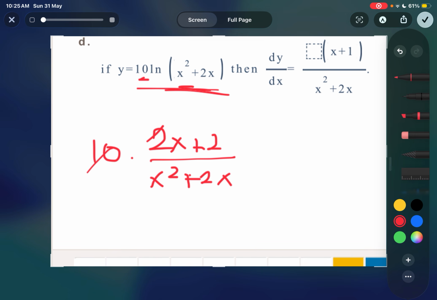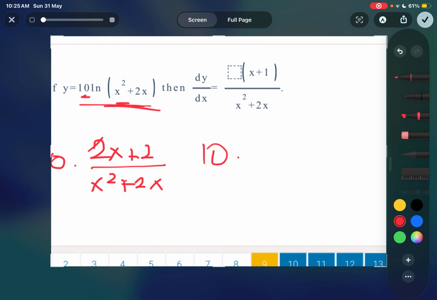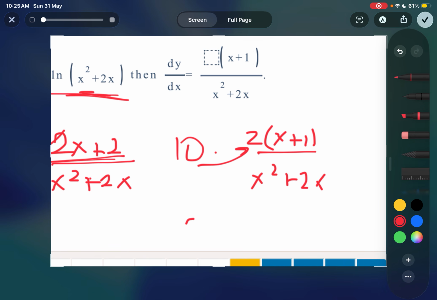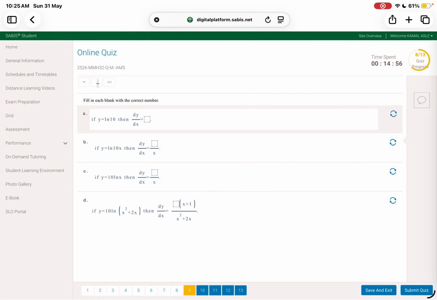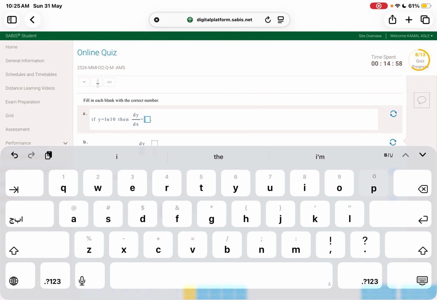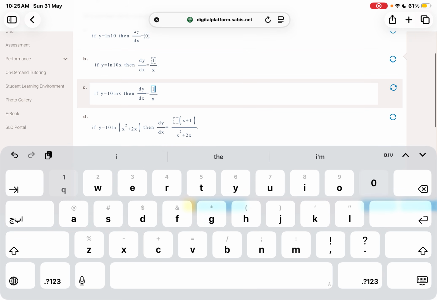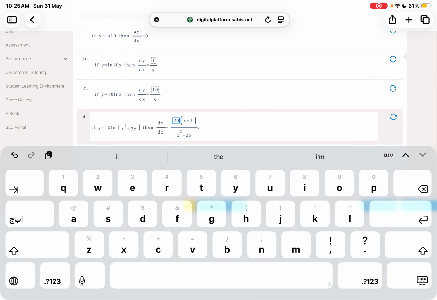You can factor out the 2 here, so it will be 2 times x plus 1 over x squared plus 2x. Then you can multiply the 10 by 2, so it will be 20 times x plus 1 over x squared plus 2x. So the answer here is 20. So now here it is 0, 1 over x, 10 over x, and 20.